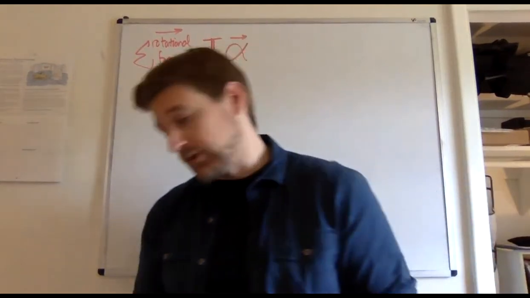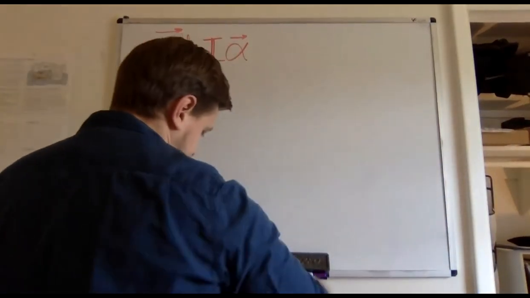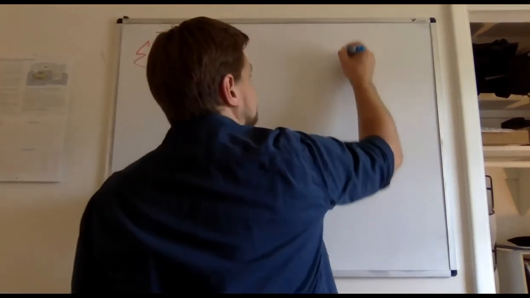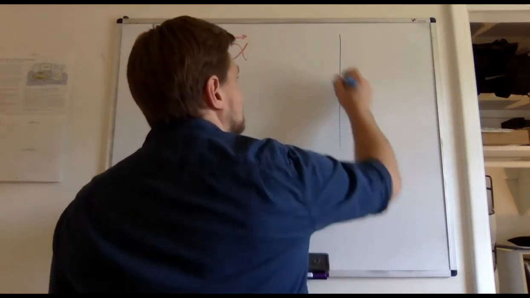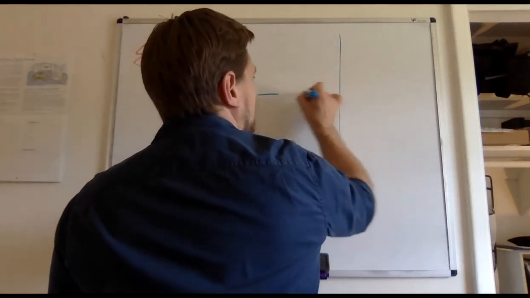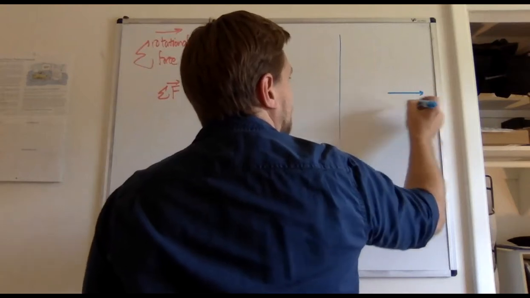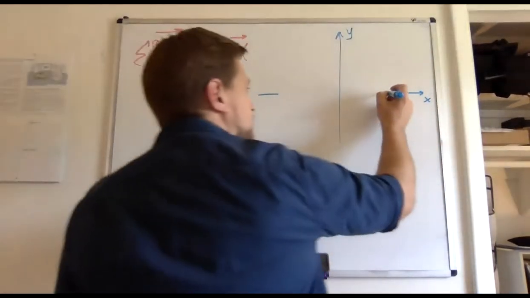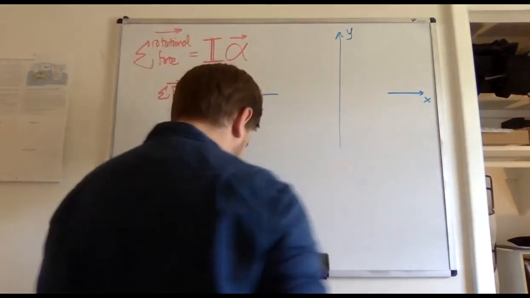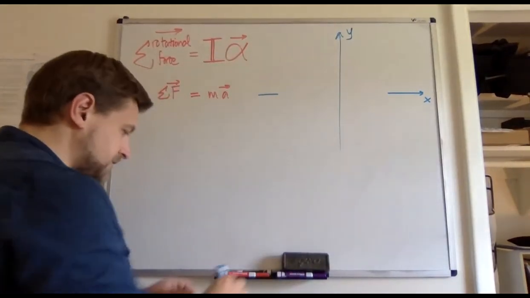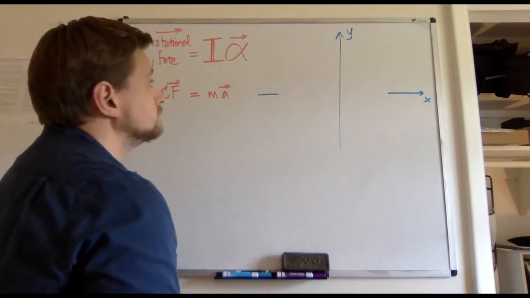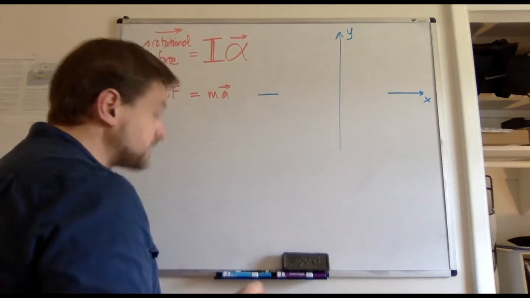Okay, let's see how this works. To keep things nice, I'm going to rotate a single object, a mass m, in a horizontal circle. I'll draw it this way first.